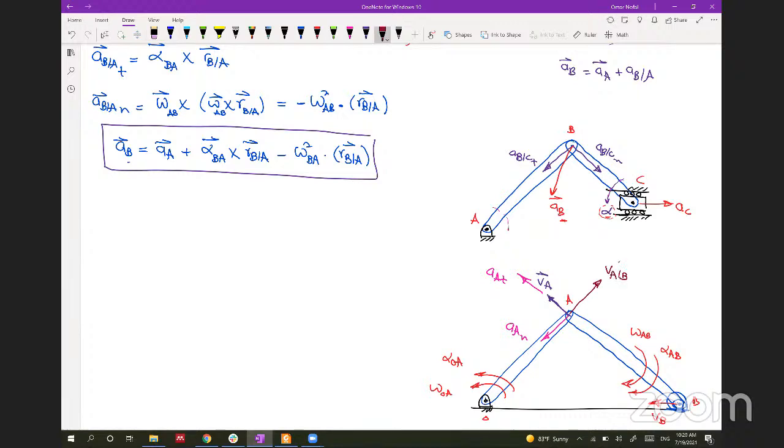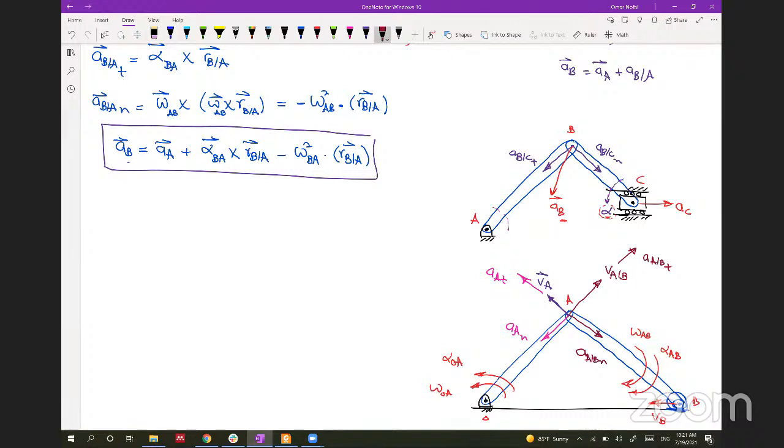And similarly, you will have the A_A with respect to B tangent in this direction, because it's in the direction of the alpha. And if we want to get the normal acceleration, A with respect to B normal is in this direction. So this is how we can map the acceleration and the velocity of A with respect to B.